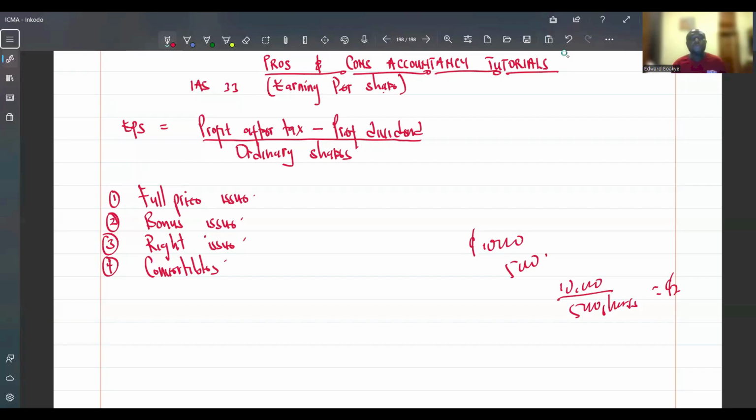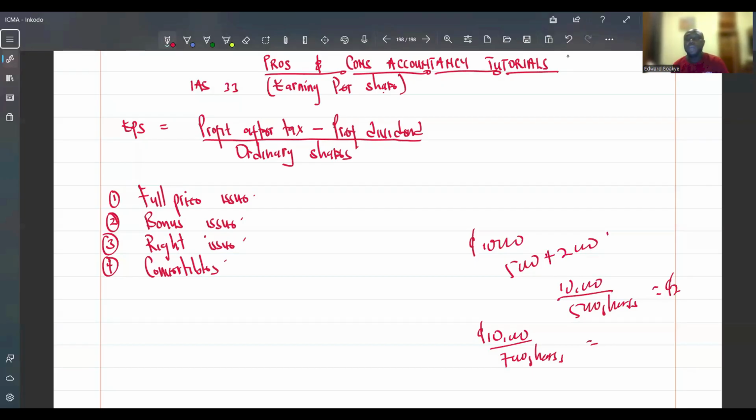But the moment we convert, let's say, a 5,000 loan to shares, and it gives us an additional 2,000 shares, then it means we are going to get 10,000 profit divided by 7,000 shares. And that will surely dilute the earnings per share. It will bring it down.